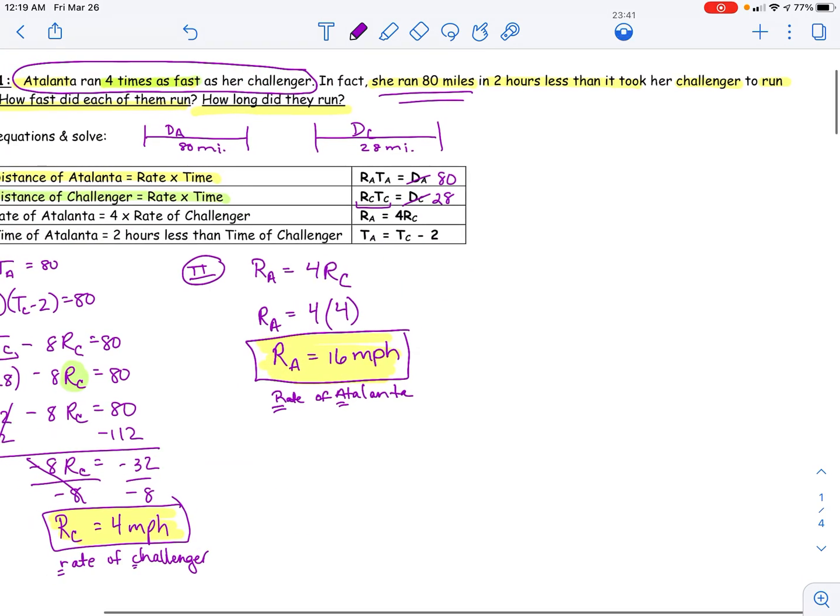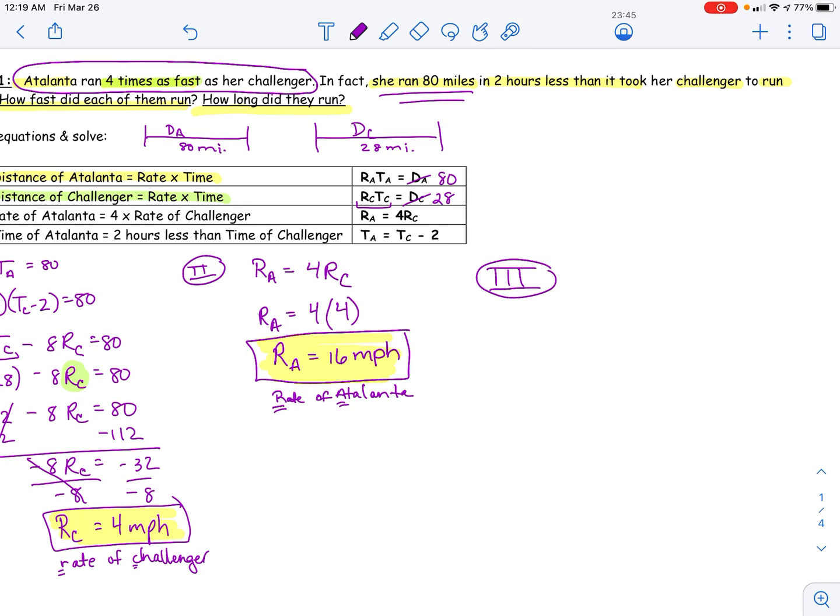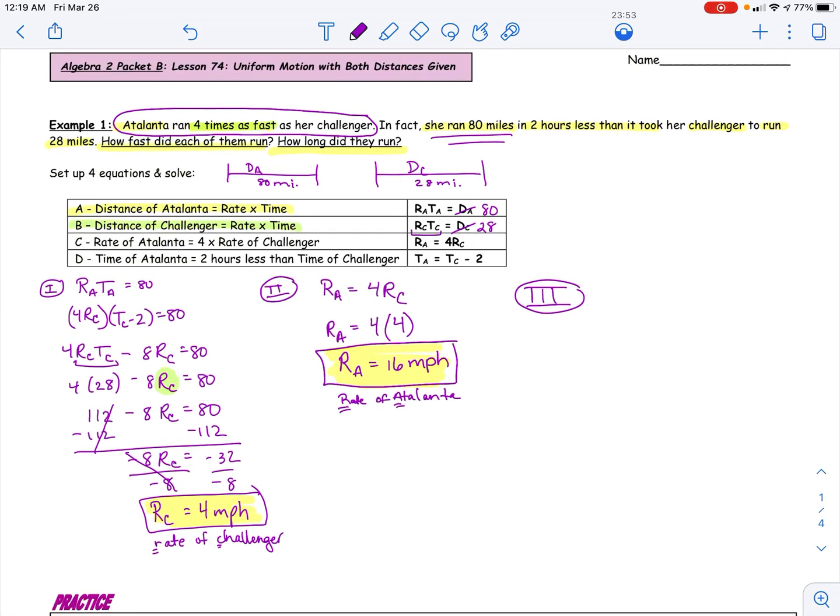All right, let's look at Roman numeral number 3. Roman numeral number 3, now we have to find how long they ran. So now we're looking for time. Okay, so what do I know here? I have the rate of Atalanta. So let's go look at the first equation up here.